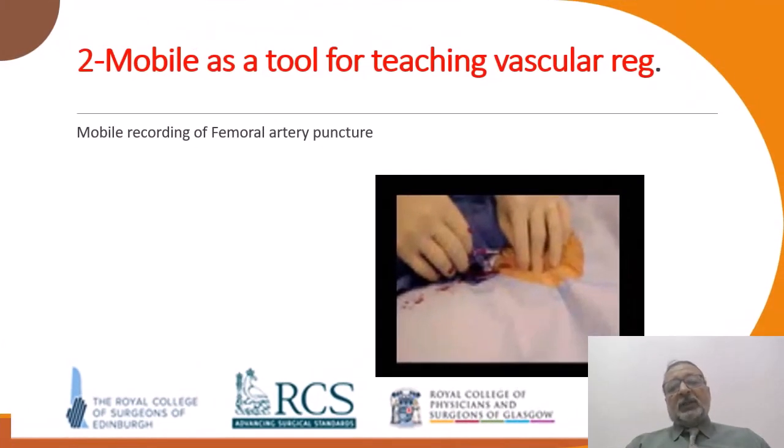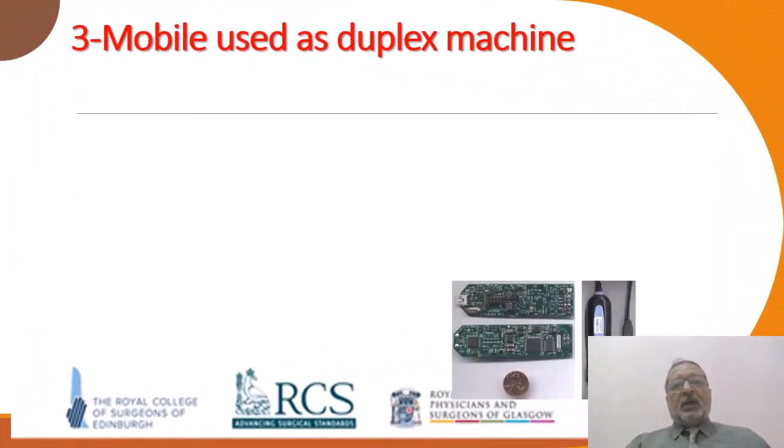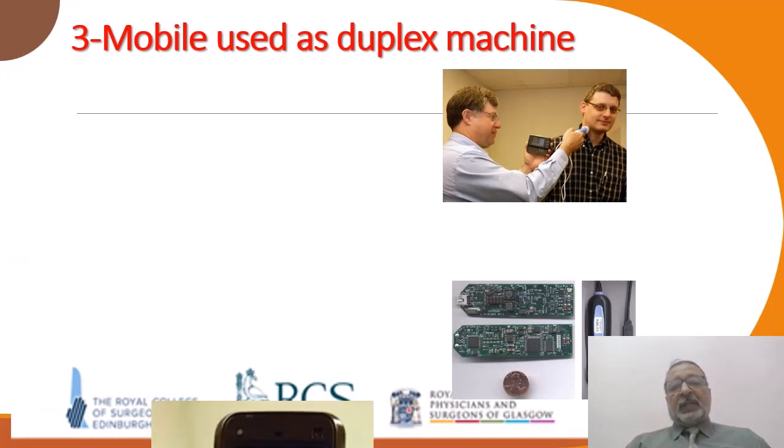Mobile as a tool of teaching: I usually tell my vascular registrar to record the procedure. This is a recording of how you can do a femoral puncture, and then I review the video, and this can be a very helpful tool because you don't have to be in the OR with the vascular registrar during the procedure. Also, you can do a duplex scan.